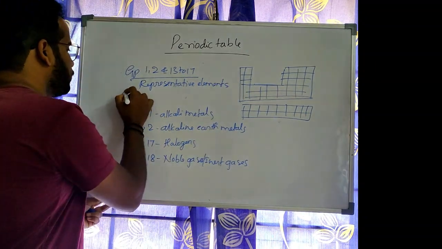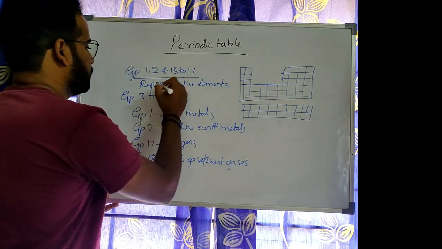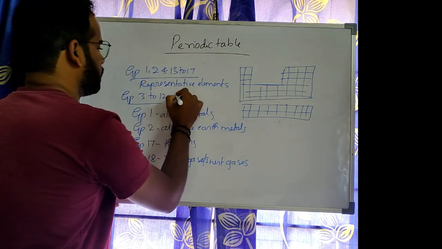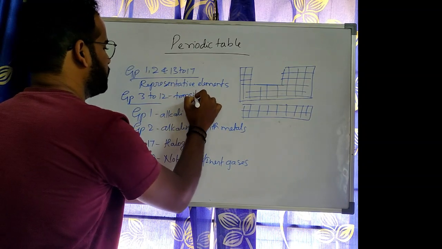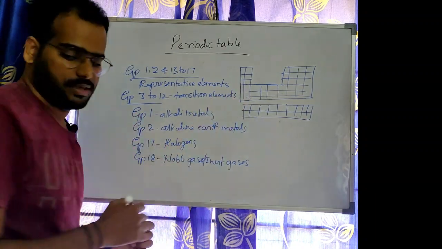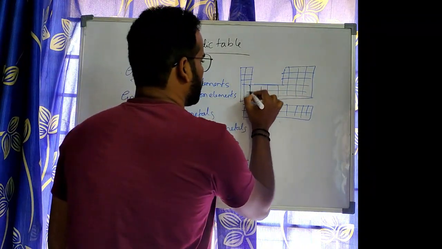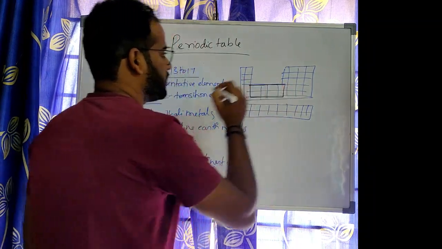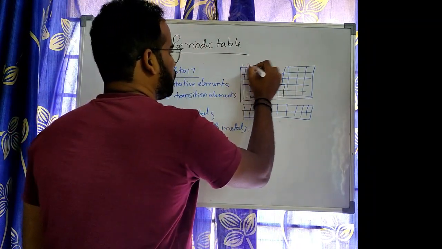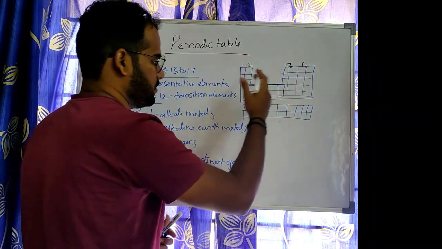Groups 3 to 12 are called transition elements. So this part will be your transition elements, and groups 1, 2 and 13 to 17 will be your representative elements.